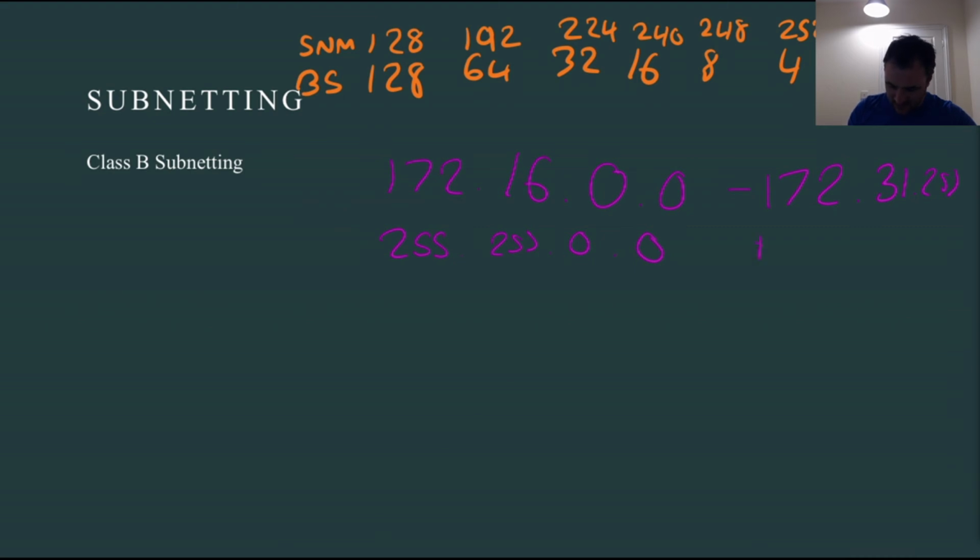So if I'm using that, I cannot change this bit, and I can use anything in between there. So that's my network, that's my host. So I'm just going to use that range really. So I'm going to use anything between 172.16.0.0 to 172.16.255.255. Cool. So that's what I can play with.